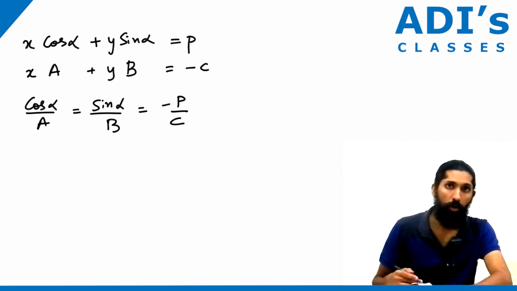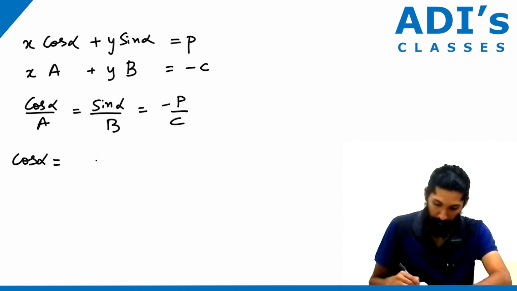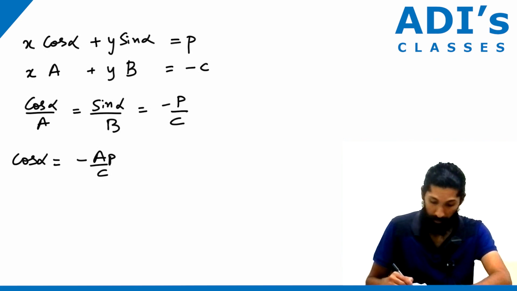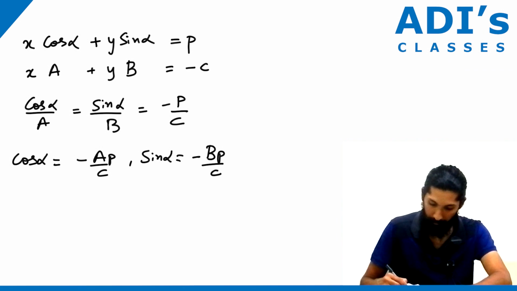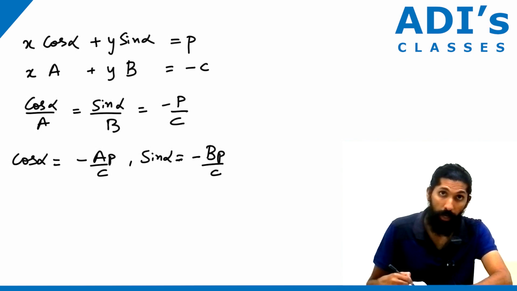So what is cos alpha here? So cos alpha becomes minus A into P divided by C, and same way sin alpha becomes minus B into P divided by C. We have cos alpha and sin alpha. Square and add.